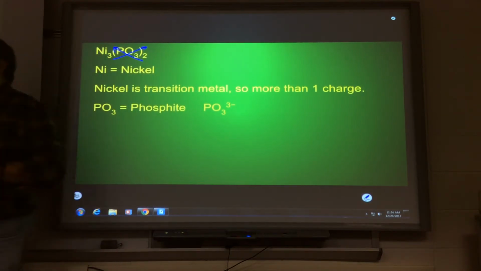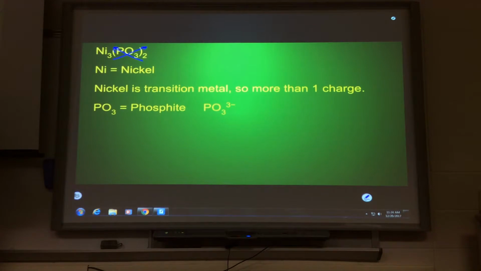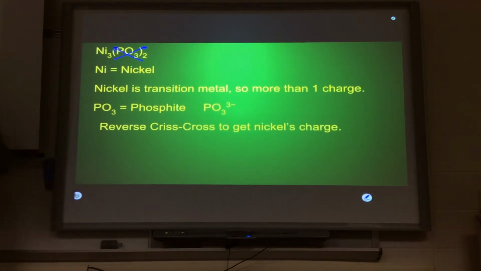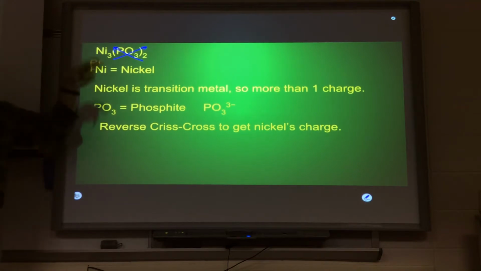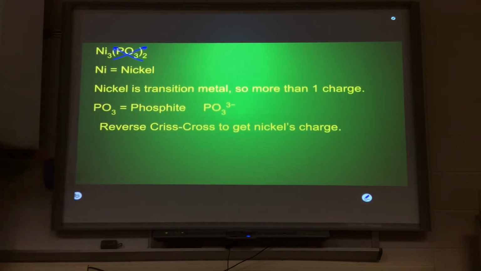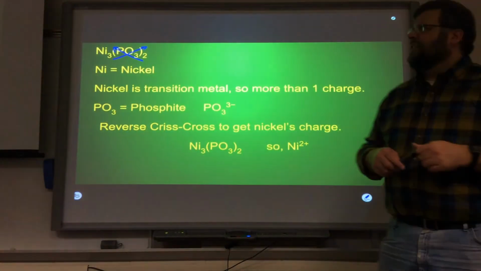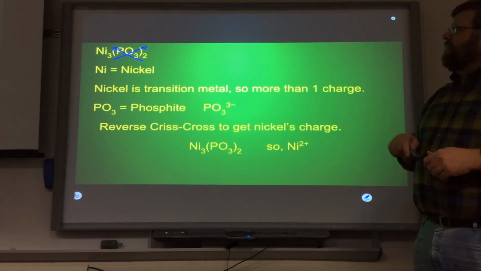That's going to be what my charge is going to be on that cation, that transition metal. So we do that reverse crisscross, get that charge. So this is telling me that nickel has to have a +2 charge. Must be that 2+. The only way it's going to work to get that to be neutral.